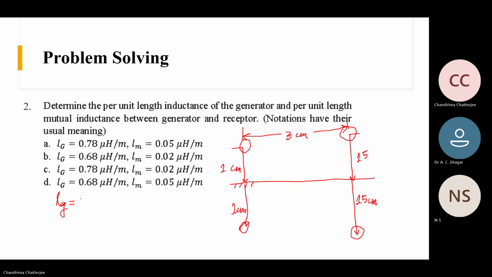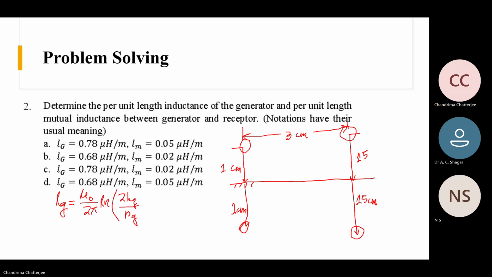So for the LG, we can write mu naught by 2 pi ln 2 Hg by Rg.